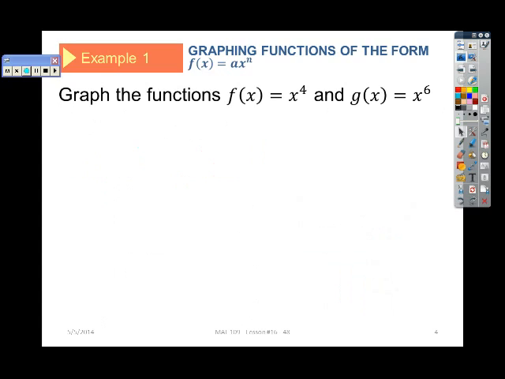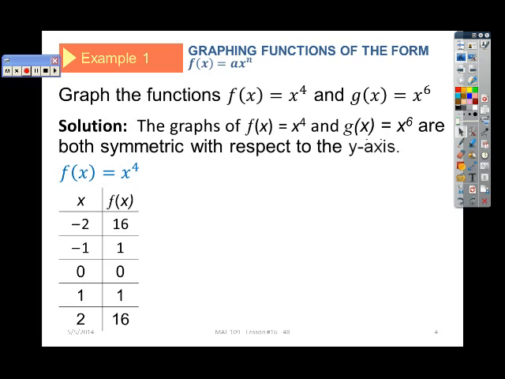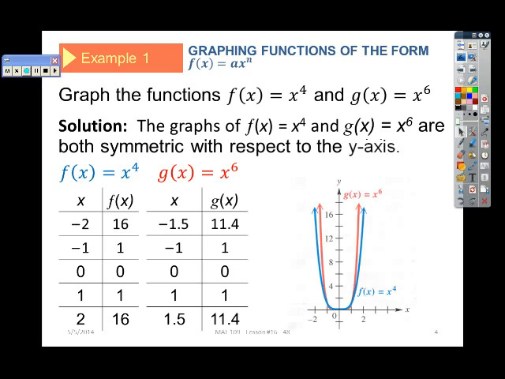If you have the even exponents, we'll look at x squared, you know, as a parabola. If you look at x to the fourth and x to the sixth, they're symmetric with respect to the y-axis. If you do the parabola, it would be outside the blue line.